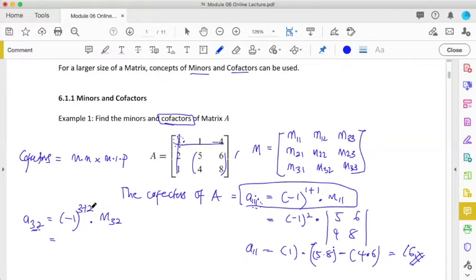The power will give you 5, so it will become -1. For the minor at 3, 2, if you cover row 3 and column 2, what is left is this 2 by 2 matrix.